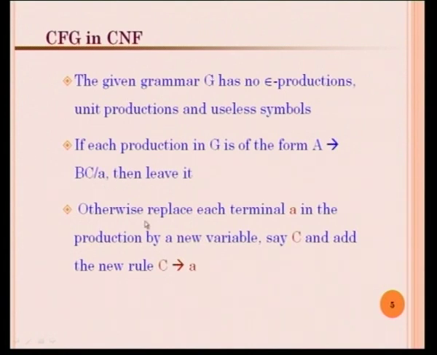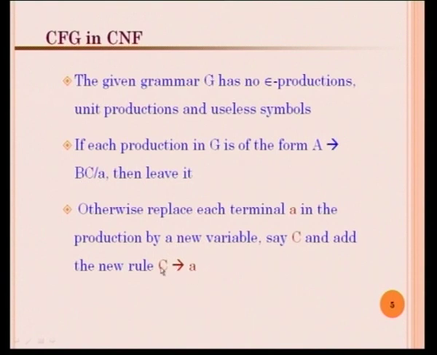Then first we have to replace every terminal a in the production by a new variable called C, and once you introduce the new variable C, we must introduce a production rule C derives small a. Not only replacing small a by C, but introducing the new production C derives small a is also very important.